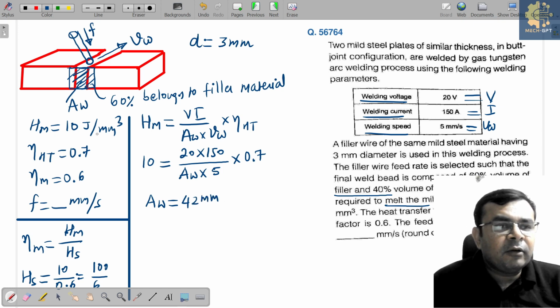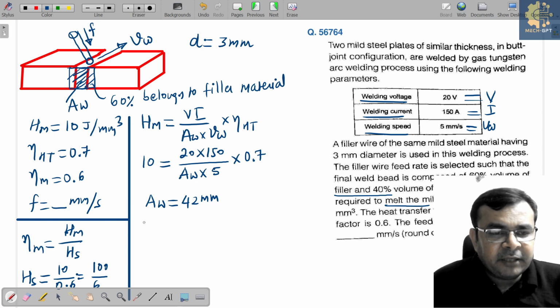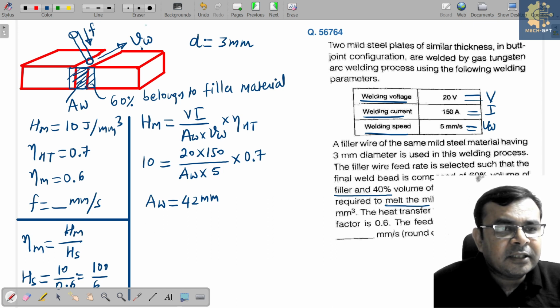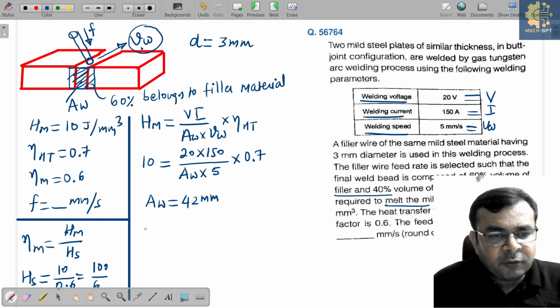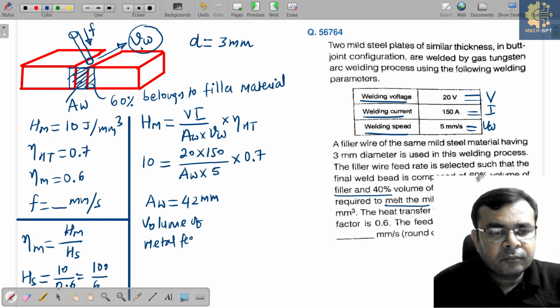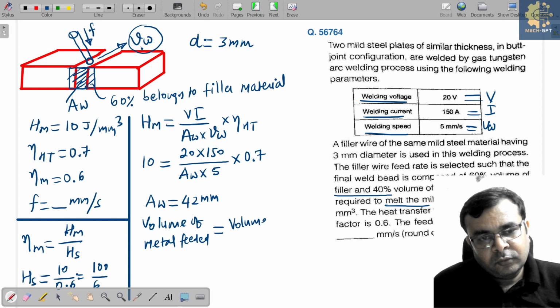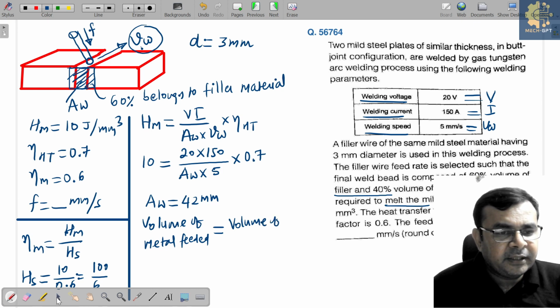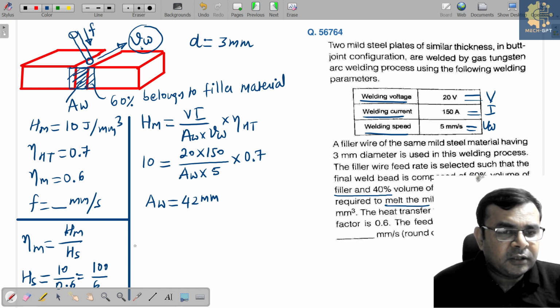So this is the total weld area, but only 60%. If the welding speed is VW, can I say the volume of metal fed is equal to the volume of metal melted, or simply deposition rate?